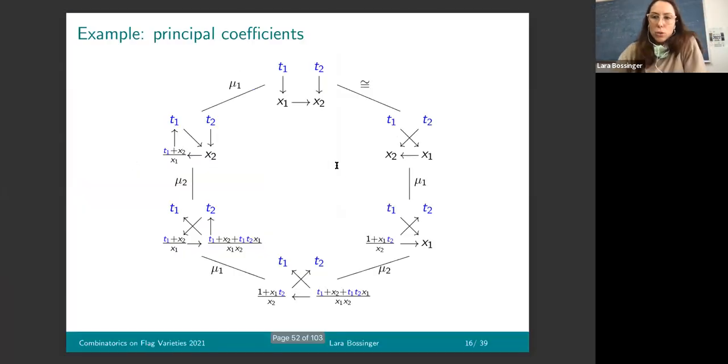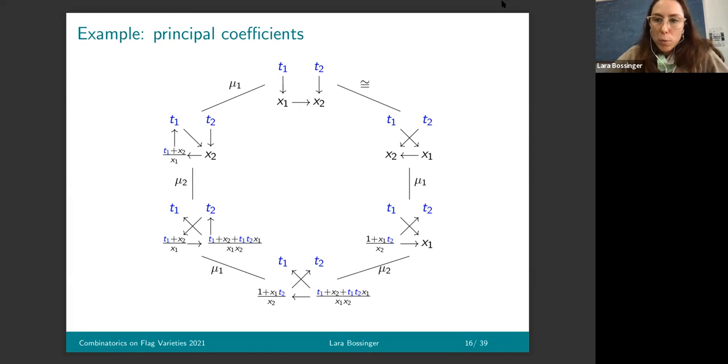We start in our original seed by extending the combinatorial data and the set of variables by exactly as many t parameters as we have x's, and the quiver is extended by introducing new vertices and new arrows, always an arrow from a new vertex to the corresponding old one. Then we follow the same mutation rules, with the exception that we never perform mutations at these new vertices. So we keep just the mutation pattern that we had before.